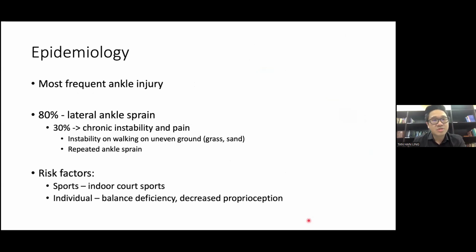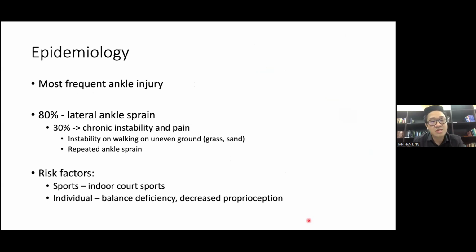Let me go through a very brief look at the epidemiology. Ankle sprain is the most common ankle injury reported. 80% of ankle sprains are the so-called lateral ankle sprain, which I'll show you in detail later. Of all lateral ankle sprains, 30% of patients go on to what we call chronic instability and pain.